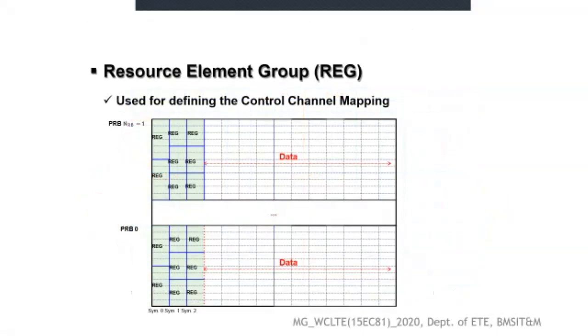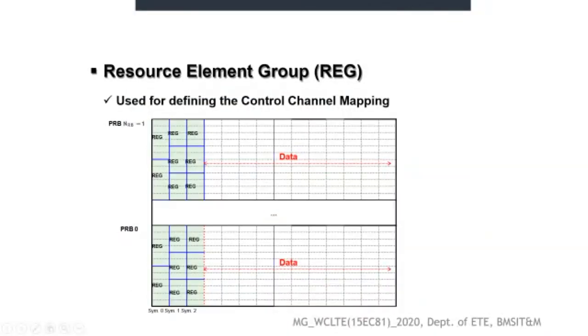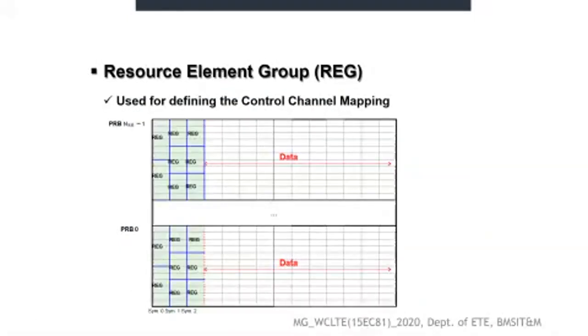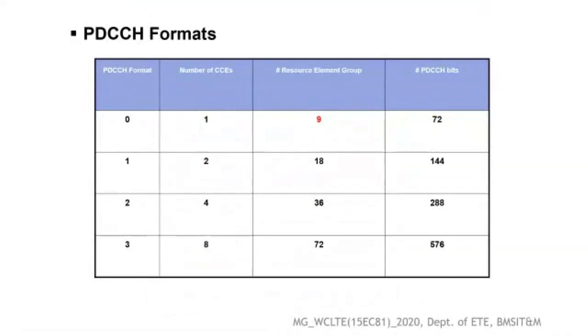And just to say how these are grouped into resource element groups: the control channel elements will be grouped into resource element groups, and how many resource element groups will be supported for each control channel element, CCE, and how many bits, that was also discussed. I will just give this idea. That is the PDCCH format.